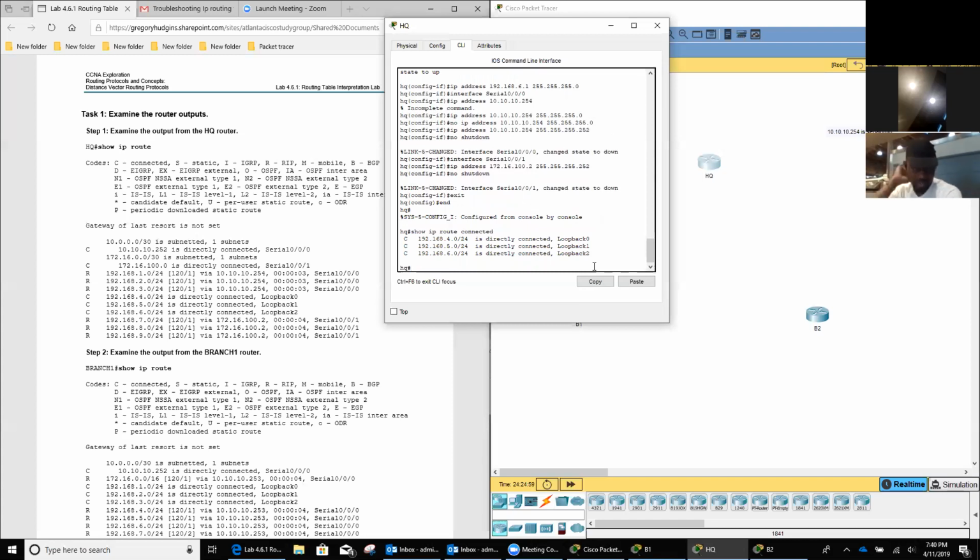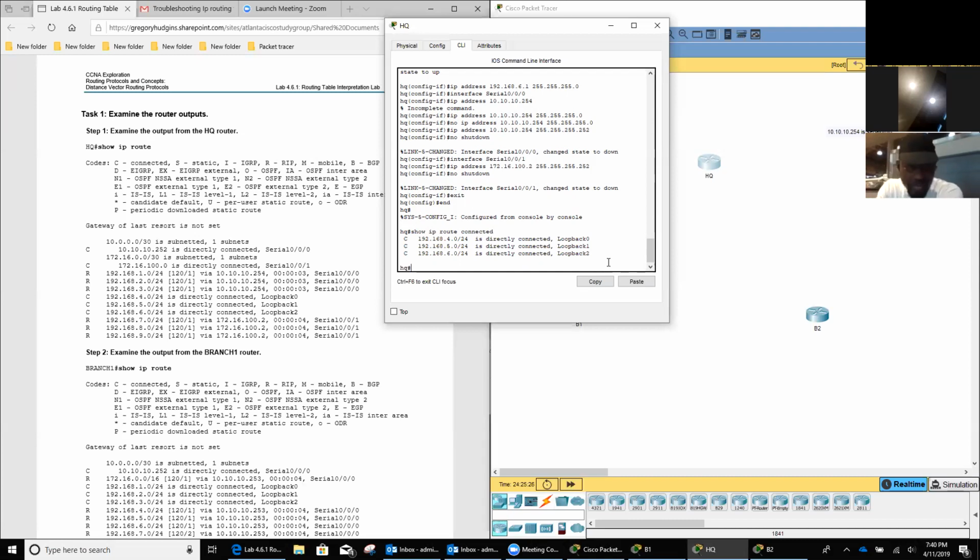We need to advertise those networks, and the 2 serial connections that we just brought up. That way, when the other routers come up with their RIP routes, they will see our networks in their routing table.